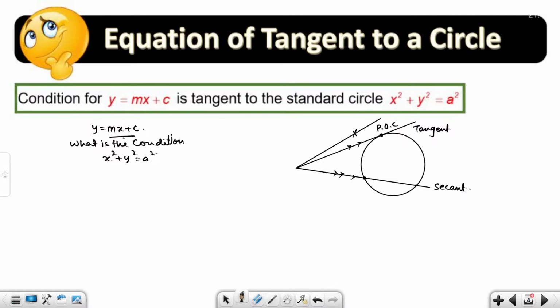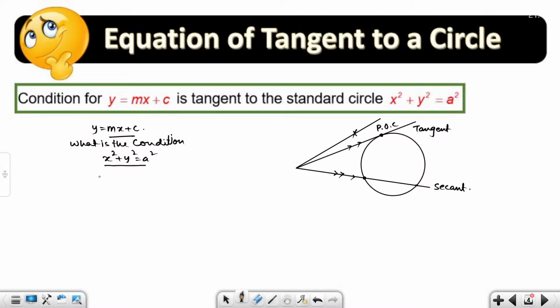Now, if this line is a tangent to this circle, listen very carefully. Let me try to solve these two equations to get the point of intersection, which is nothing but the point of contact.